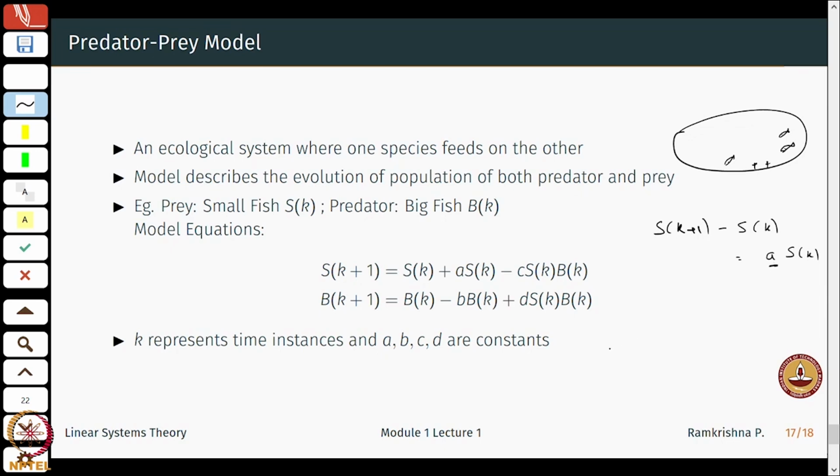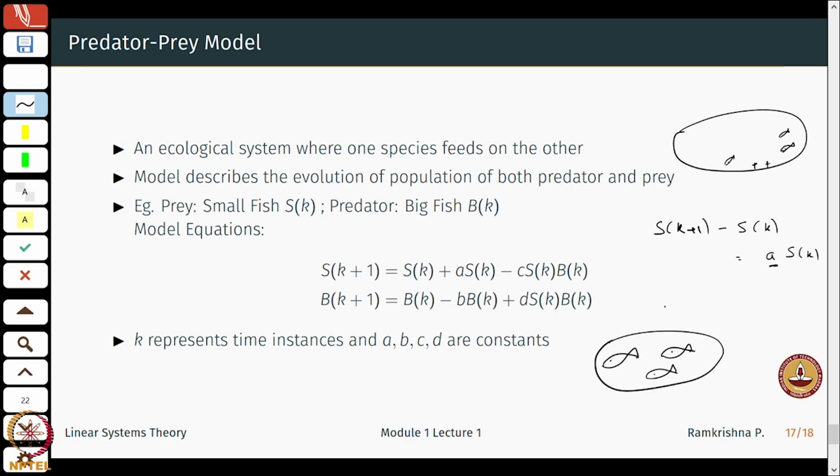Okay, so let us say another situation where I have another pond where they have a lot of big fish, a lot of them, but they have nothing to feed on. What would I expect? I also assume that if they have nothing to feed on, they will eventually die. So, after a certain time instant, could be a year depending on the population, could be 2 years or so on, the number of big fish will eventually come to 0.